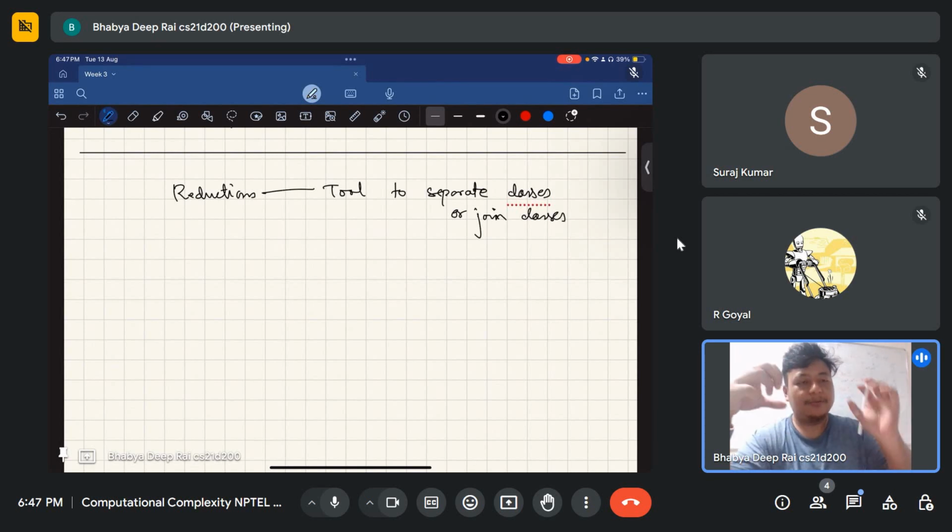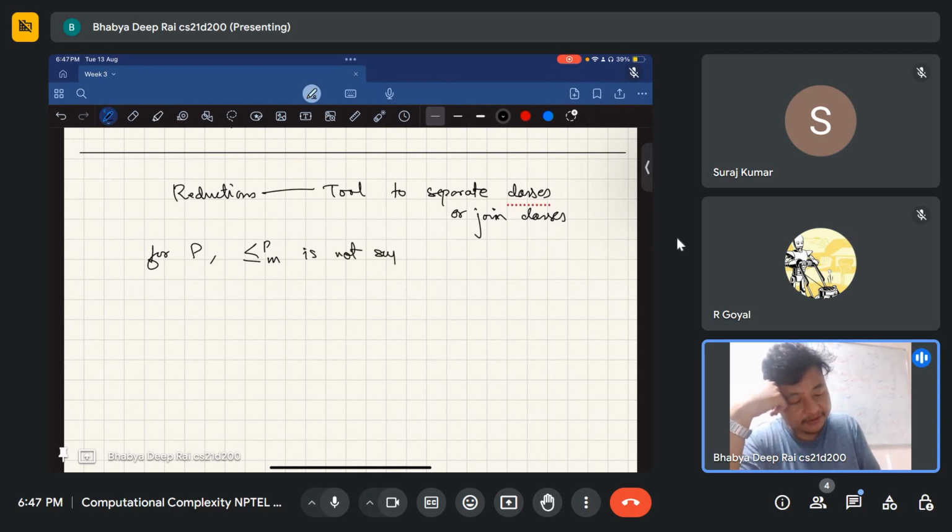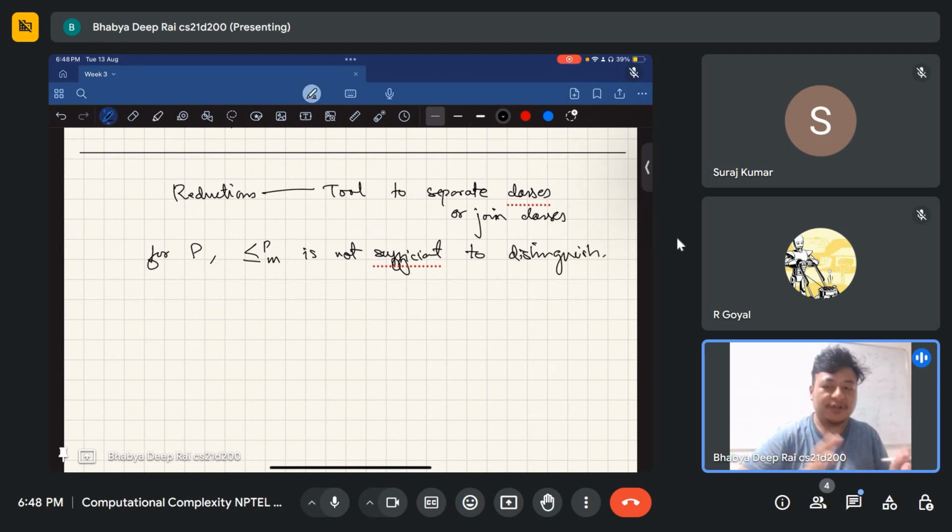It shows one language is harder than the other and so on, but we saw that for P, polynomial time reduction is not sufficient to distinguish. It is sufficient for NP, but it is not sufficient to distinguish languages within P. So that is what you were saying, right?